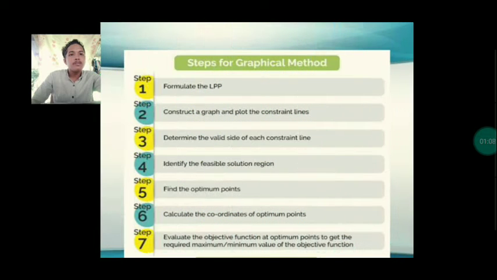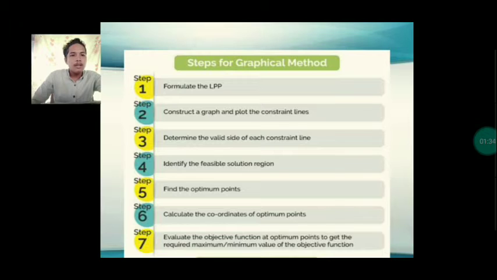Next are the steps for graphical methods. Step 1 is formulate the LPP or linear programming problem. Step 2 is construct a graph and plot the constraint lines. Step 3 is determine the valid side of each constraint line.